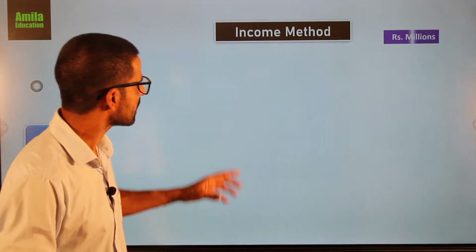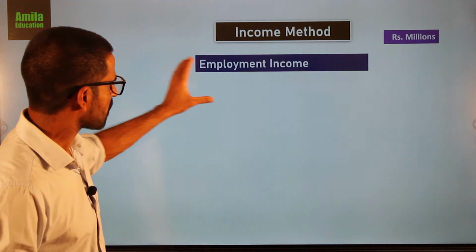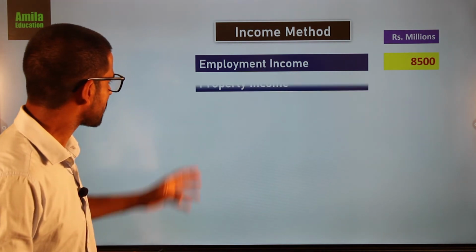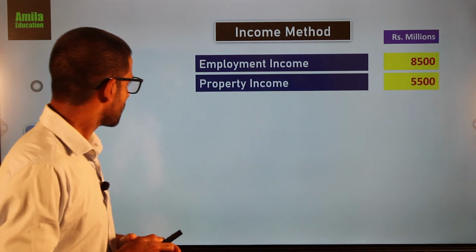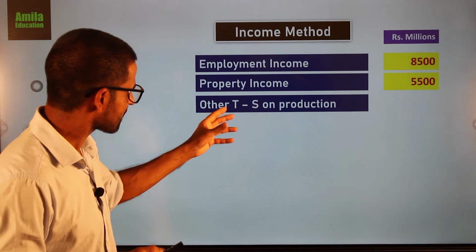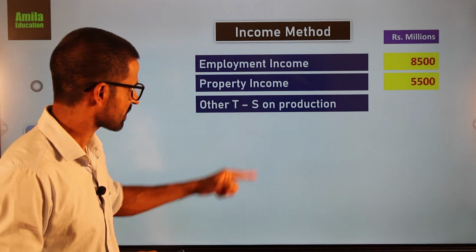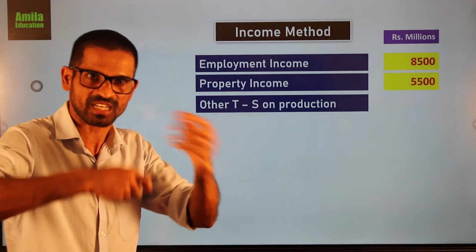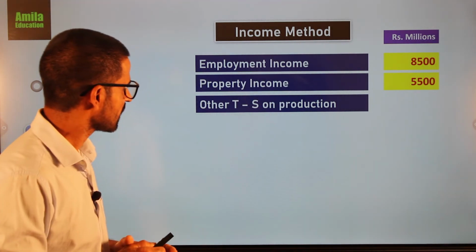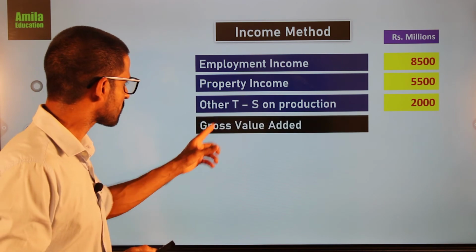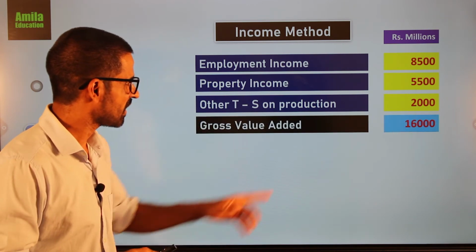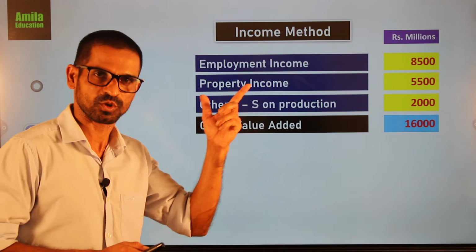So in the income method, employment income plus property income, then other taxes less subsidies, you can call it net other taxes on production, which is the production process, value addition process, right? Then you reach gross value added at basic price, which is 16,000, same as the output method.